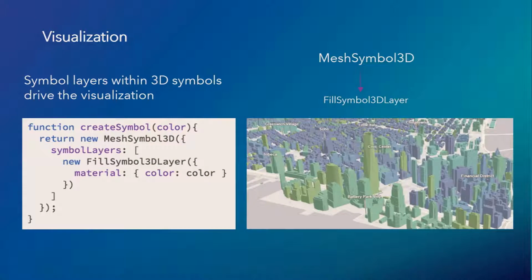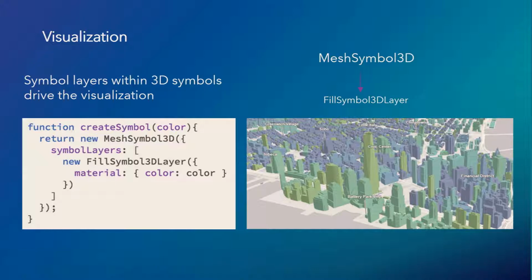Additionally to that, in 3D we have 3D geometry, so scene layers, for example, buildings. Those have a special symbol, we call it mesh symbol, and here is an example of how you would set such a symbol. So in 3D, we always have a symbol and the symbol layers because you might add several symbol layers to the symbol.